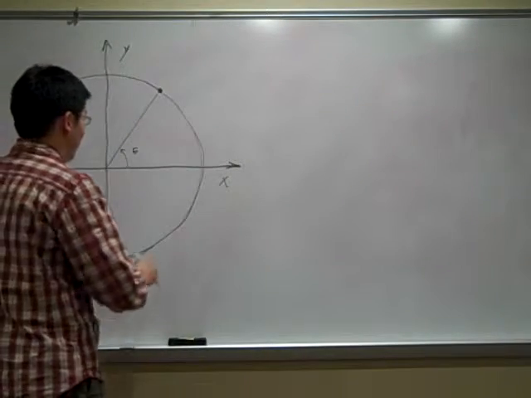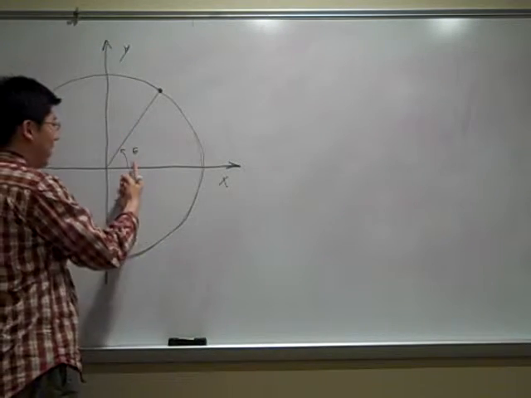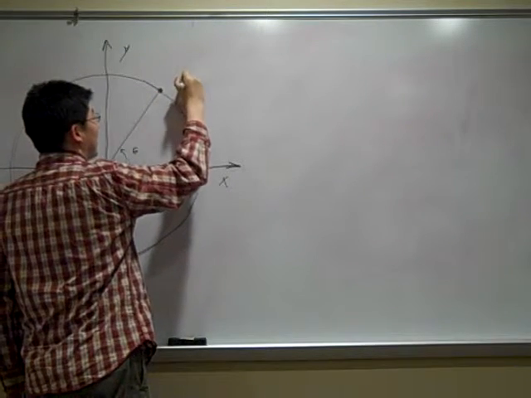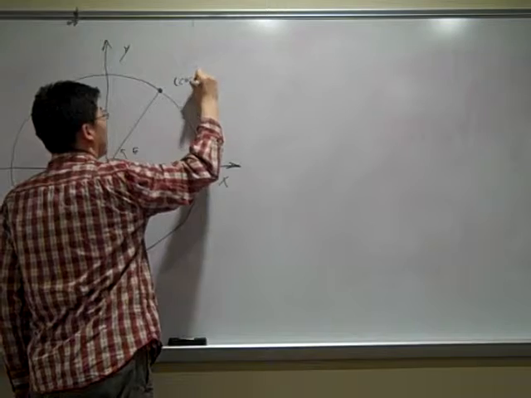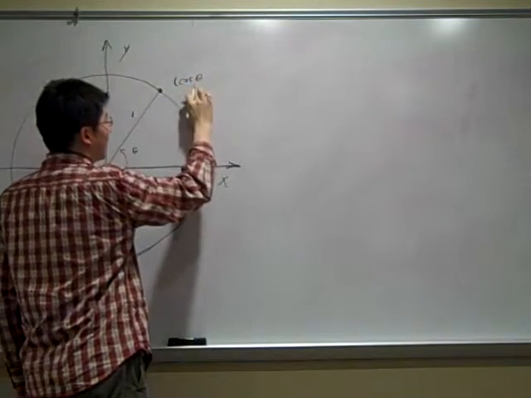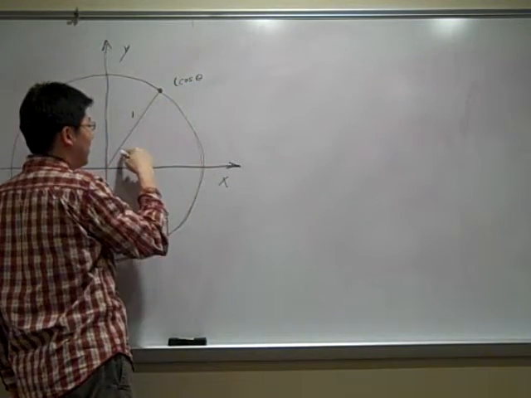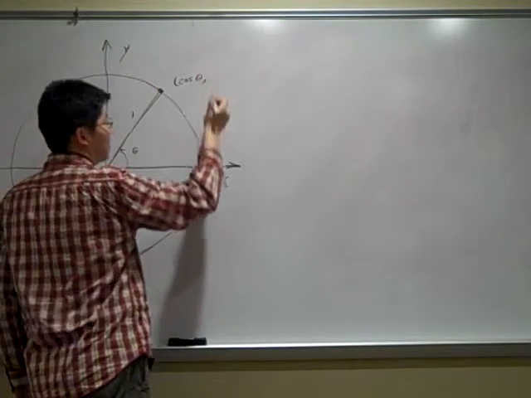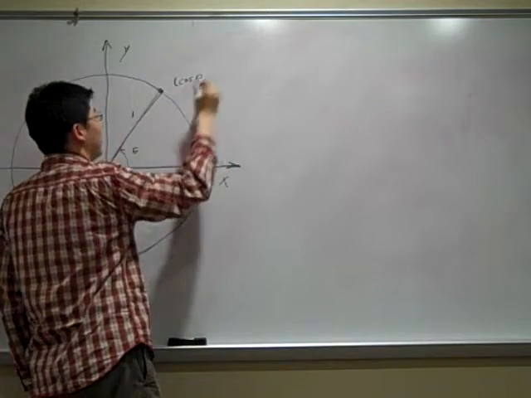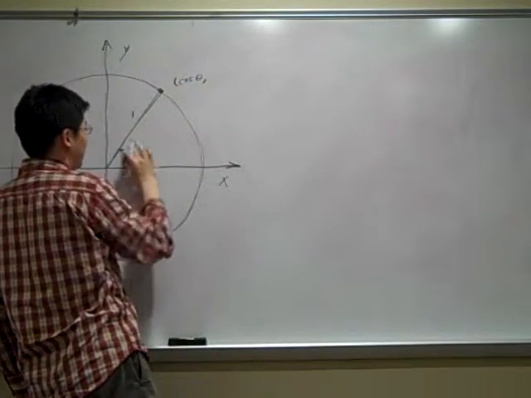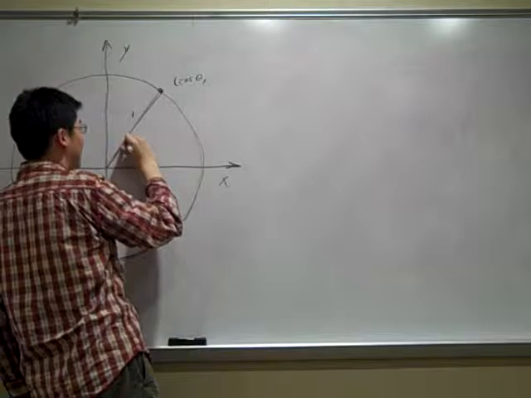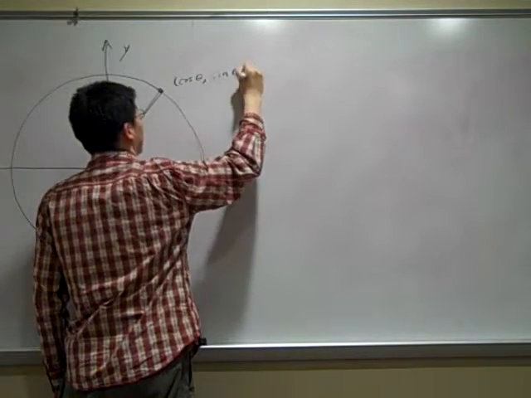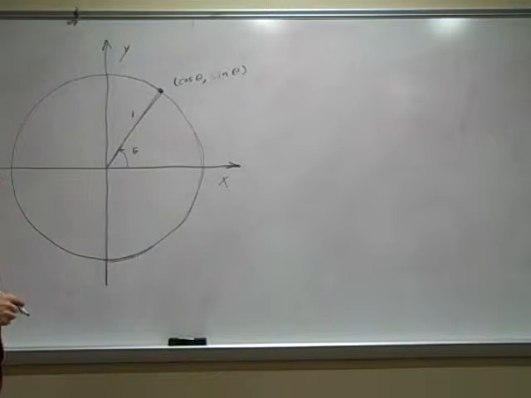If we have a unit circle and a certain angle that we rotate by, then the radius of the circle is 1, and the point where the line at this angle intersects the circle has x-coordinate cosine theta and y-coordinate sine of theta.